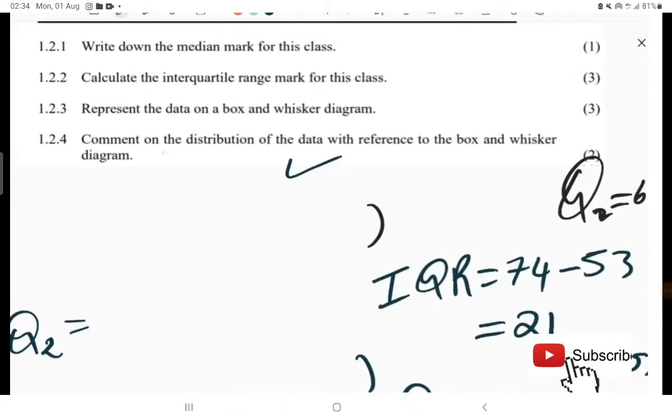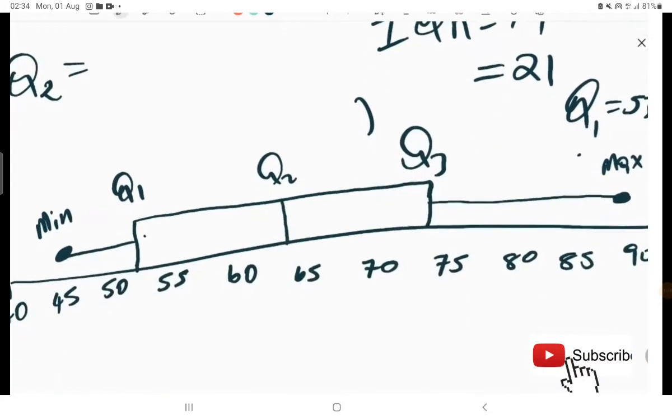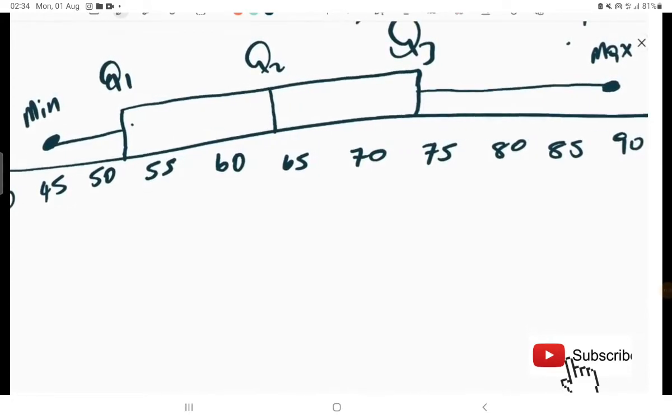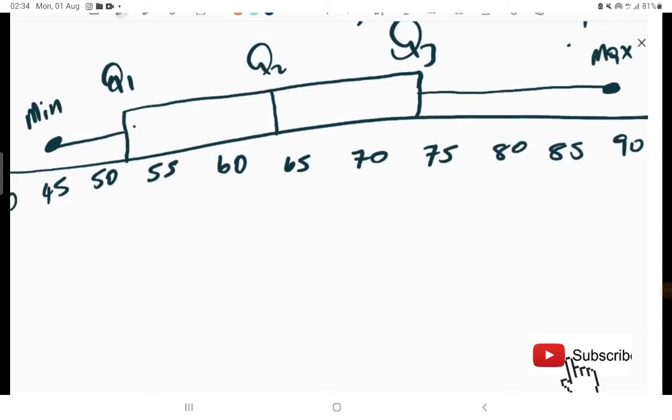Comment on the distribution of the data with reference to the box and whisker diagram. In grade 10, we just look at which side of Q2 has the bigger space. When you check the distance on this side and that side, this side is 10 and this side is 11.